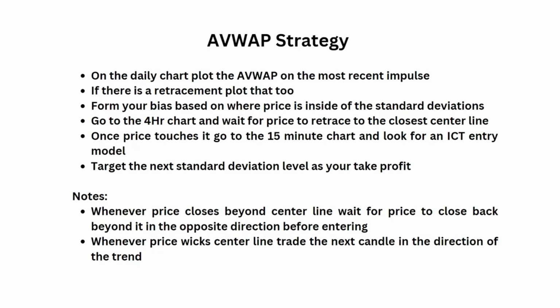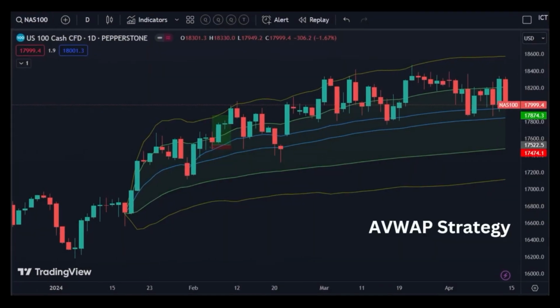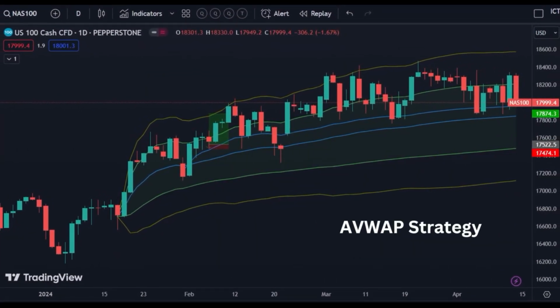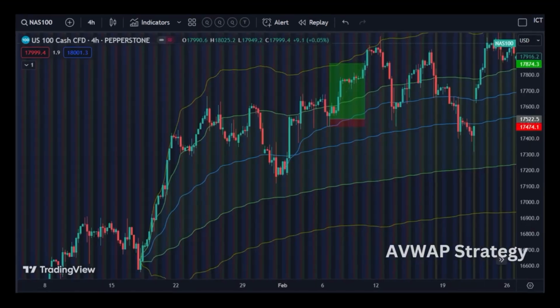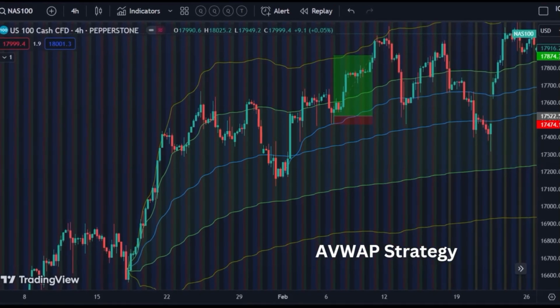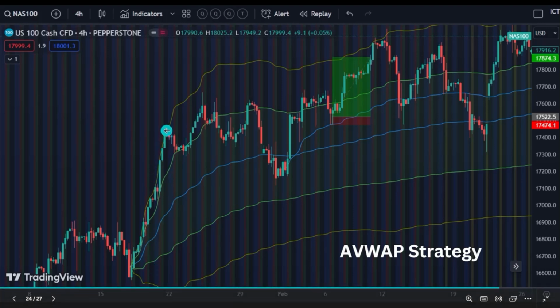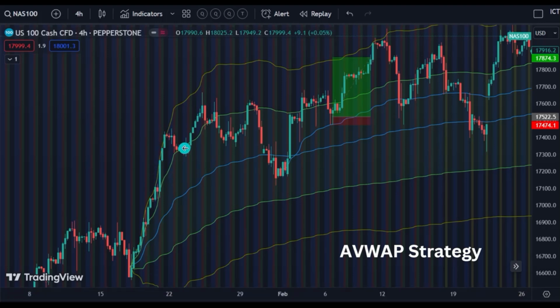Here's the AVWAP strategy. On the daily chart, we've placed our AVWAP on a retracement, and price moves to the upside, and we're looking for an entry. On the 4-hour chart, we see that large impulse leg, then a retracement, and you could draw an AVWAP from any one of these retracements on a 4-hour chart to give you more direction.